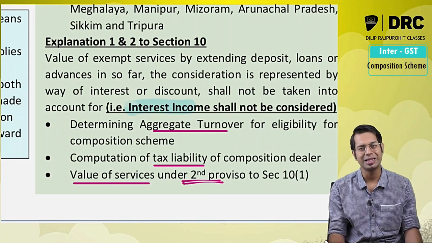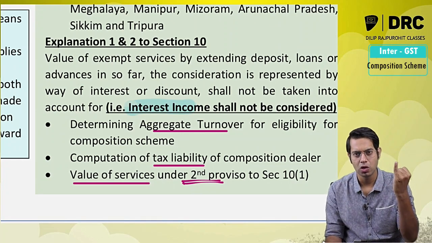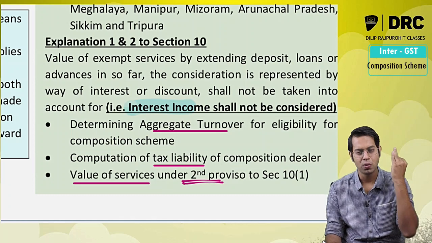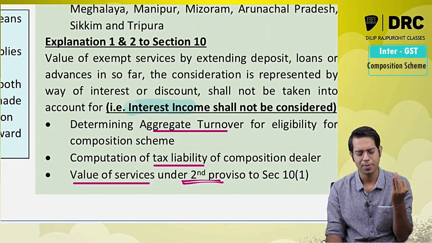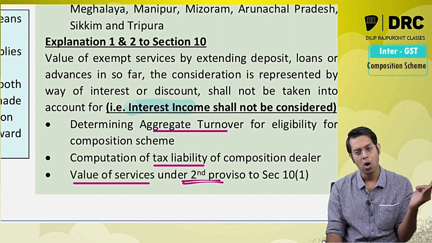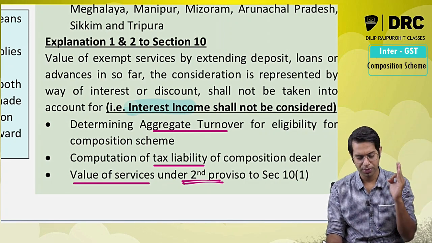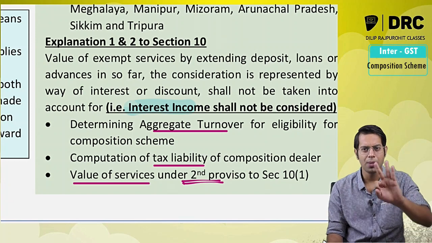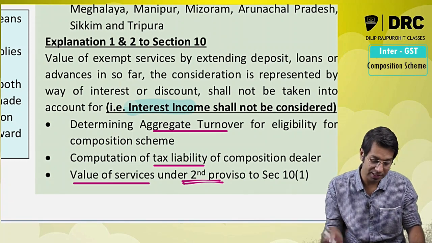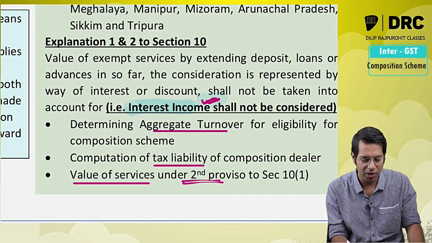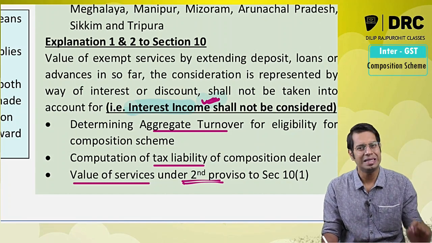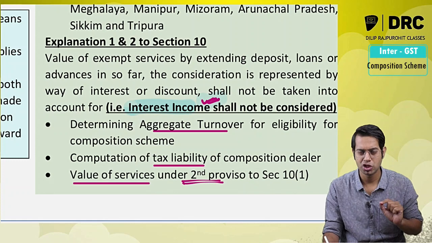Whenever you are doing these three things, when you are computing the aggregate turnover to check the eligibility, when you are computing the tax liability of a composition dealer, or when you are computing the value of services as per second proviso, make sure that interest income is not added in this computation, meaning tax is not required to be paid on interest income.